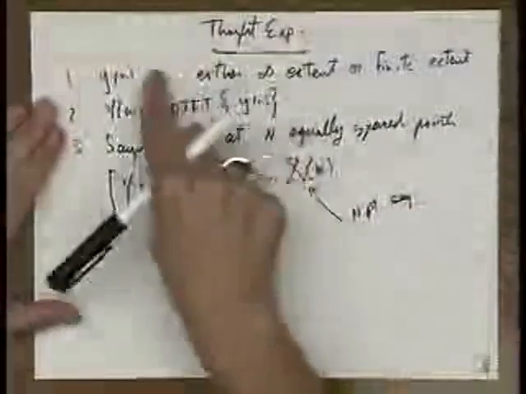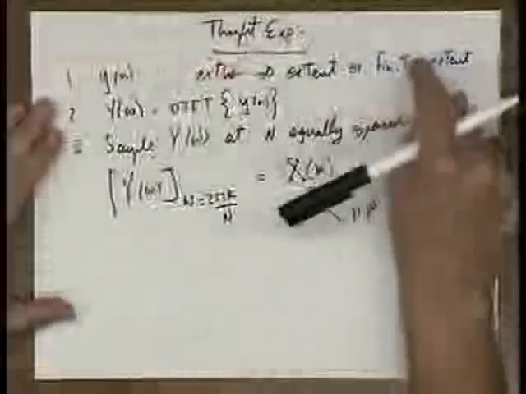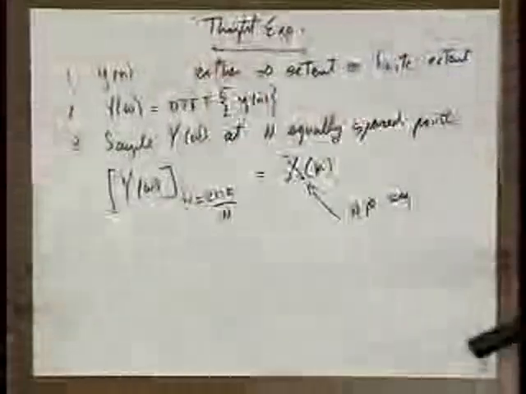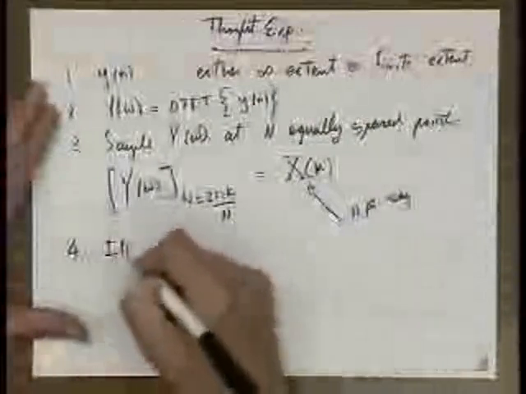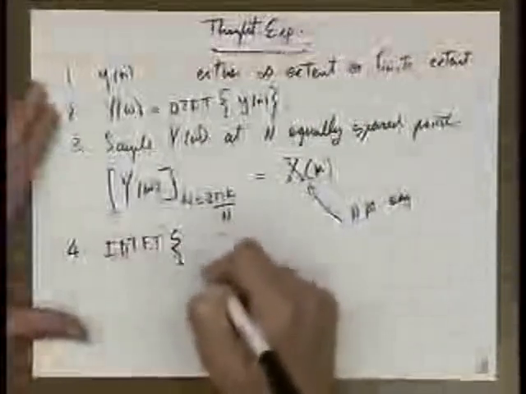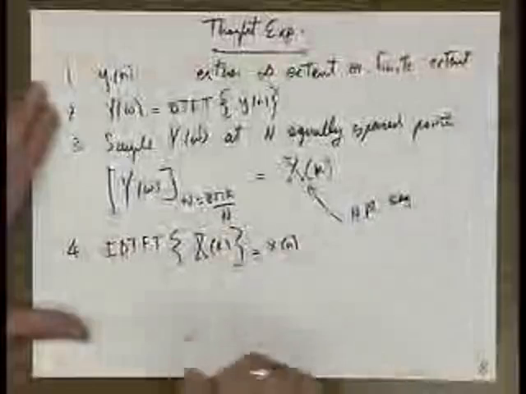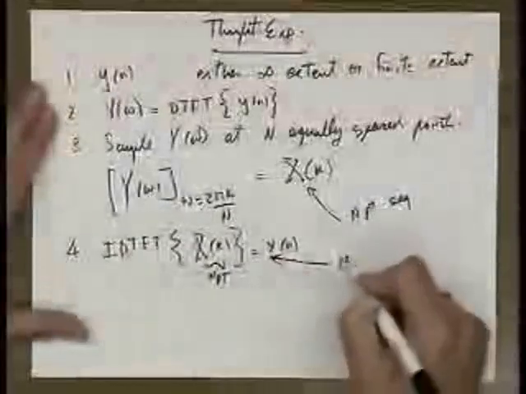So y of n, I'm not making any claim how many point sequence it was. If it was finite extent, it was n point, m point, or maybe it was even an infinite extent sequence. But essentially, what I do is I take the inverse DFT of X of k, and I get a new sequence, x of n, and because this is an n-point sequence, this ends up being also an n-point sequence.